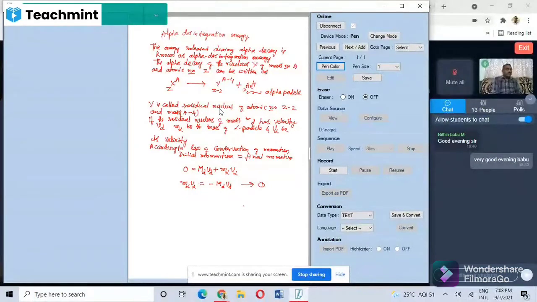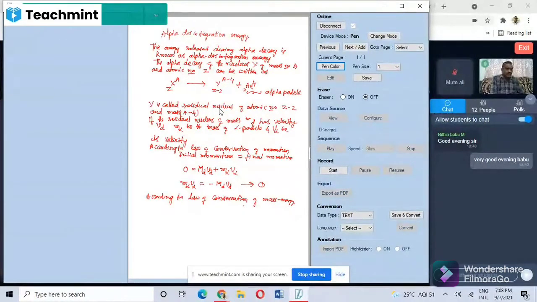Now apply the law of conservation of mass energy. It says the total energy remains the same, or energy can neither be created nor destroyed, but can be changed from one form to another.